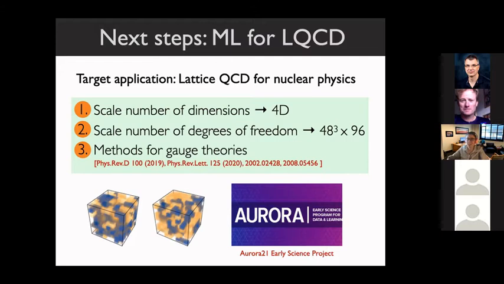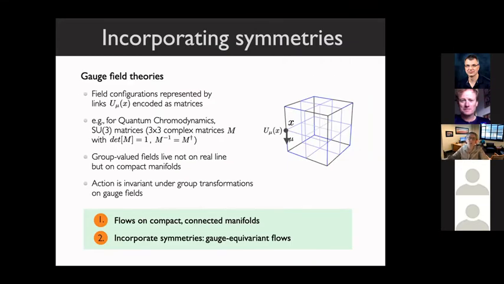The complications here are that in gauge field theories, your field configurations are represented by links, encoded as matrices, like we saw before. These group valued fields don't live on the real line, which is what most machine learning algorithms are designed to handle, but they live on compact connected manifolds. And then the action is invariant under complicated group transformations, gauge symmetries on these gauge fields.